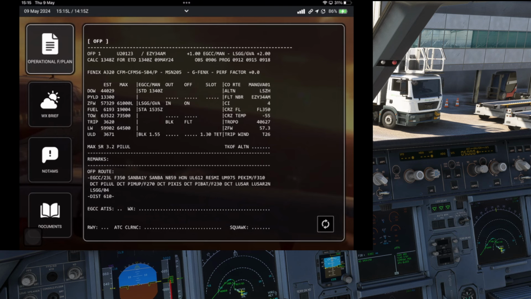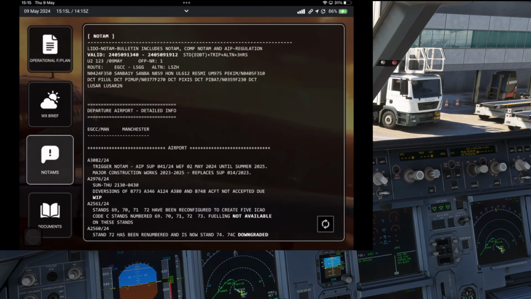First thing we need to just check is that our takeoff weight is going to be below our max landing weight, so that just mitigates the fact that if we need to do that emergency landing for whatever reason after takeoff, then we can get back in and we don't even need to think about that. We've already been through the NOTAMs for today and there isn't any, so that's quite nice.